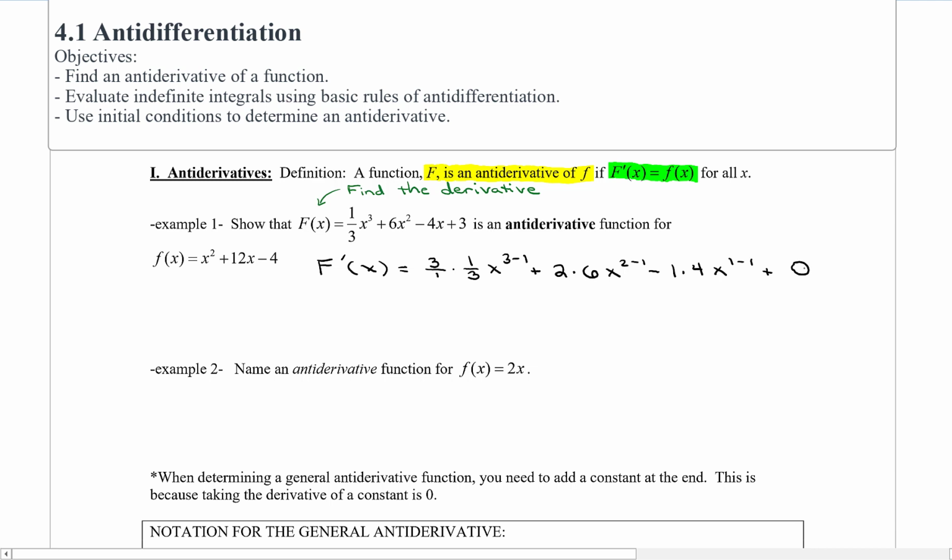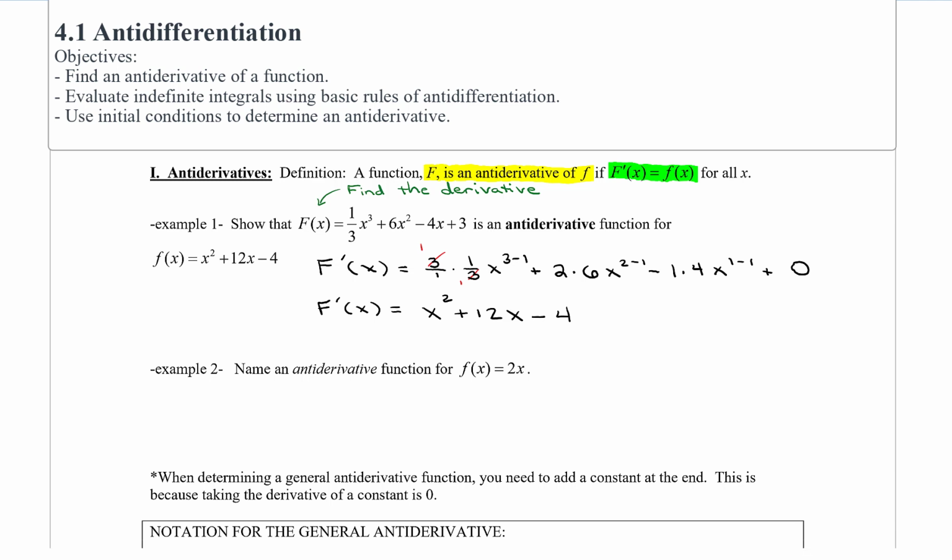I am showing every little step for this derivative for the people that need it. Here the 3's will divide out and I'll just be left with 1's, and 1 times 1 is just 1, so we can write x squared plus 12x minus 4.